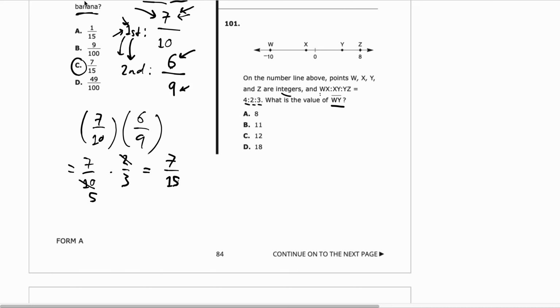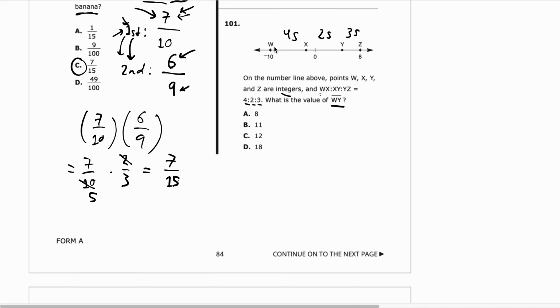Okay. So I'm going to let WX be equal to 4x. Or that's actually confusing. I'm going to say that it's equal to 4s. And then XY is going to be 2s. YZ is going to be 3s.